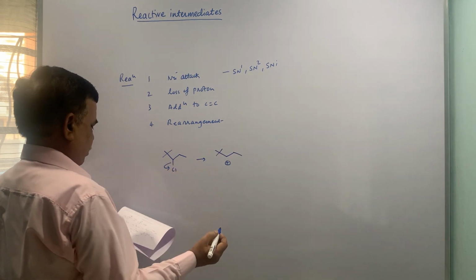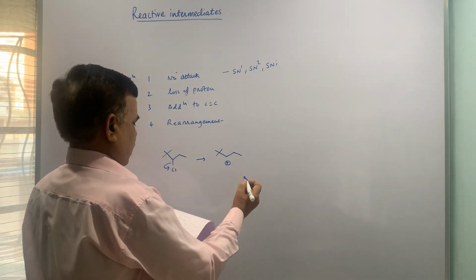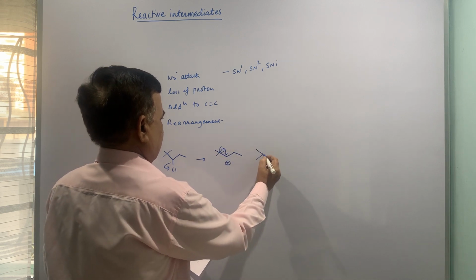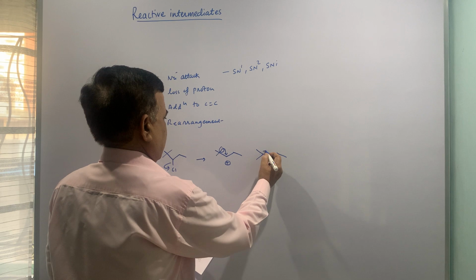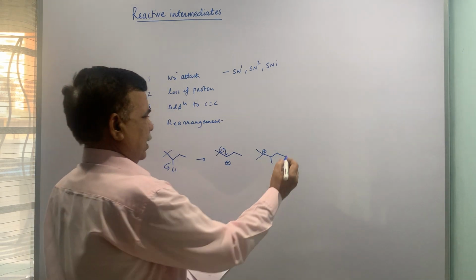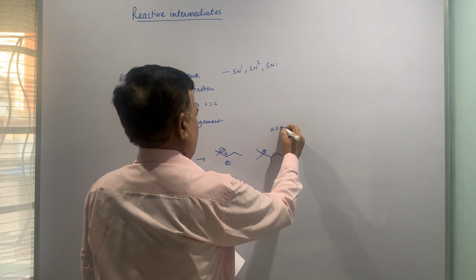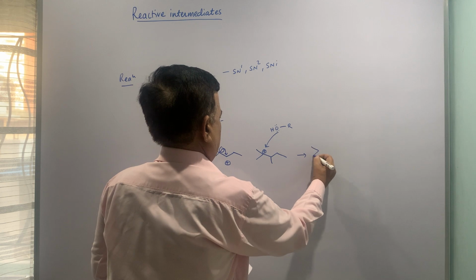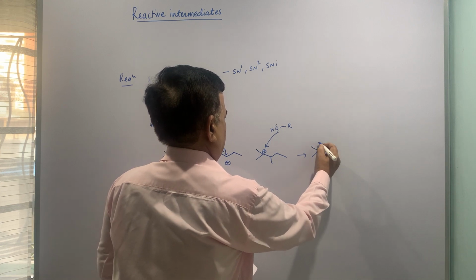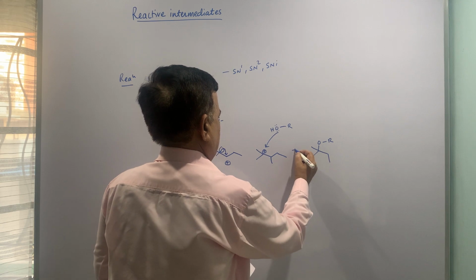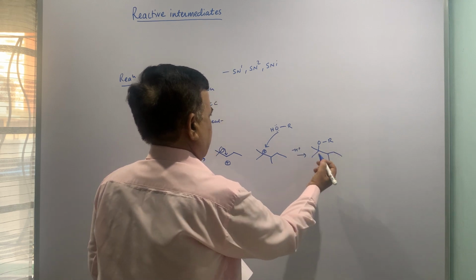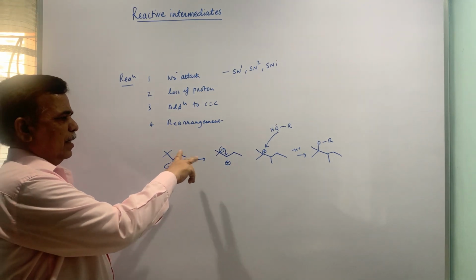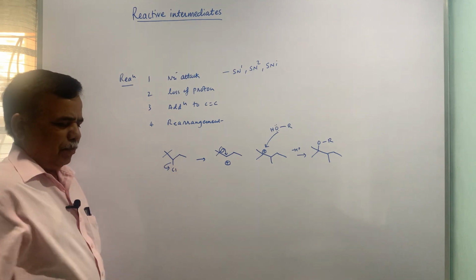This is heterolytic cleavage of the carbon chlorine bond, then shifting one of the methyl groups, here becomes positive, and then attack of ROH here gives OR. Of course, I am skipping one step here. So the carbon skeleton is changed. So this is a type of rearrangement.